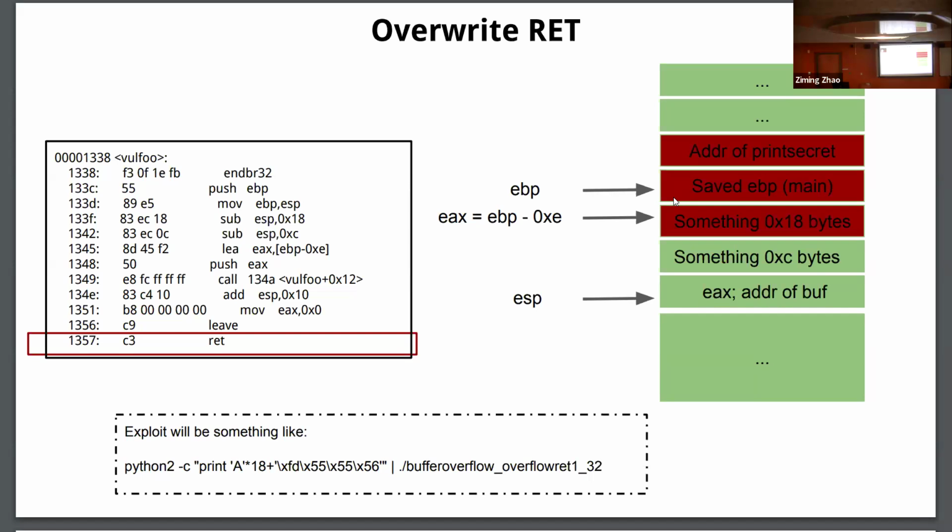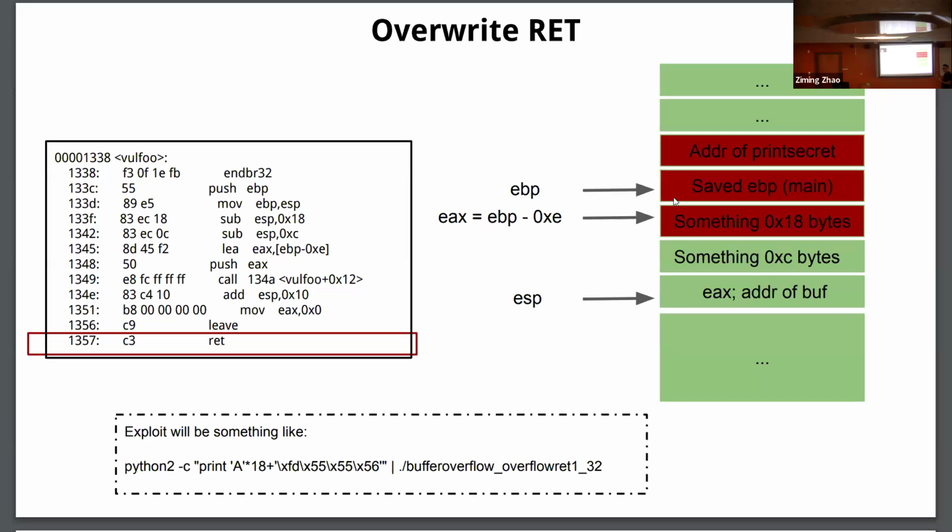After we put data, let's say that's 14 bytes, after that 14 bytes there will be a saved EBP address, 4 bytes. But what we're trying to overwrite is this return address here. We want to overwrite this address with the address of print secret. That's what we want to do.